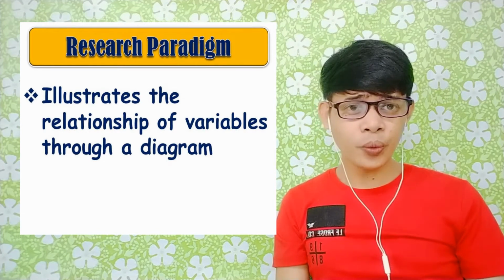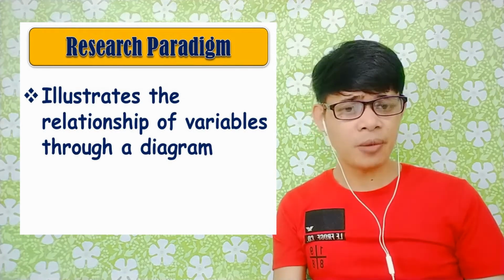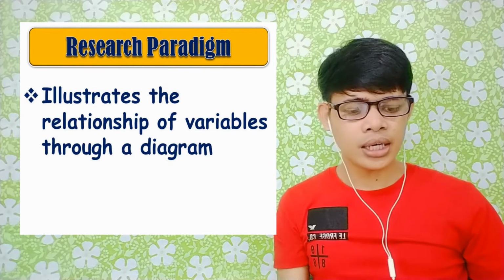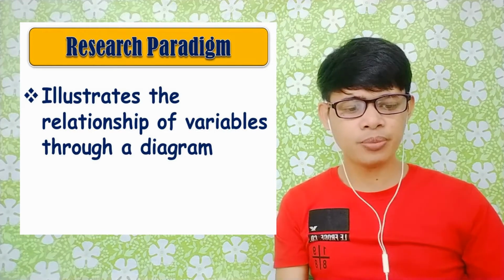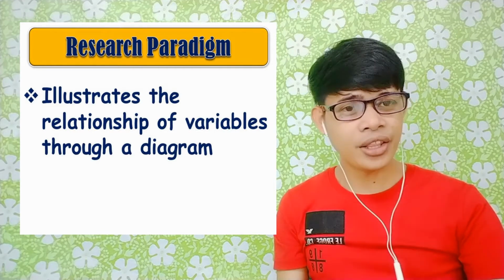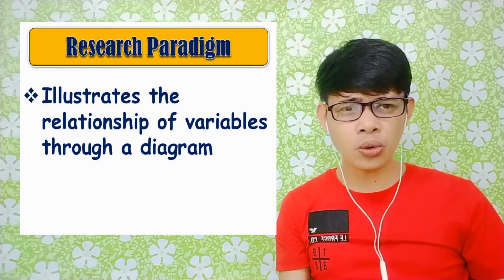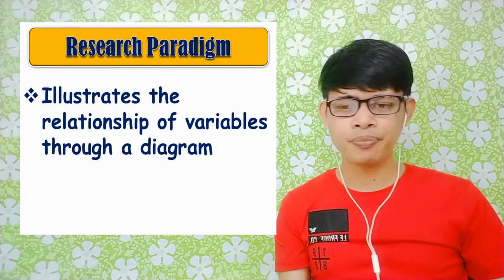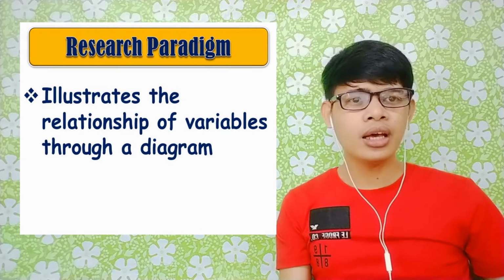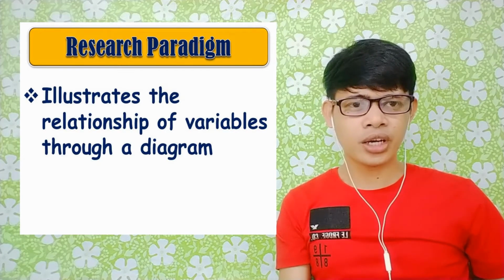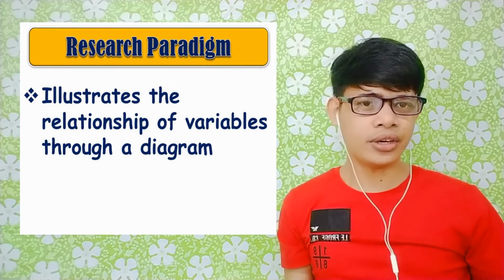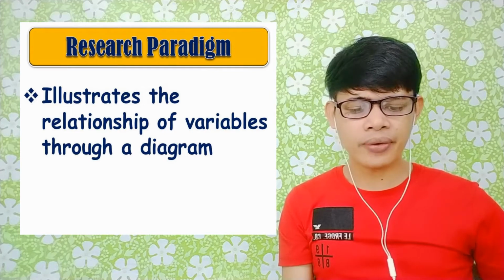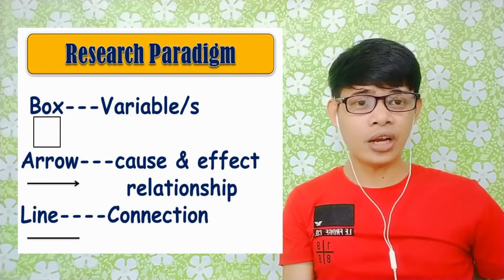So when you encounter research papers later on wherein you have there a diagram that shows the relationship of the variables, that's actually the research paradigm, which shows the illustration of your conceptual framework. Some authors would say that the conceptual framework actually is also termed as the research paradigm. Okay? So in your research paradigm, you have to take note of the following figures.